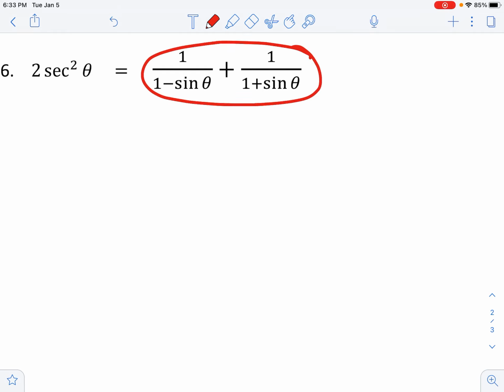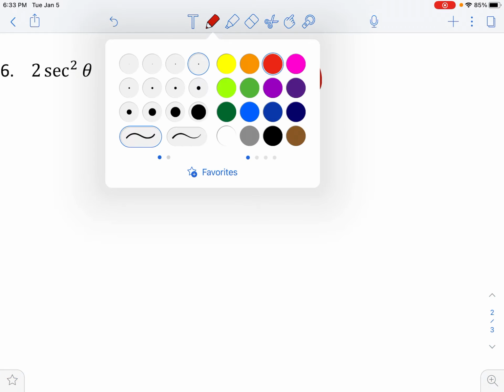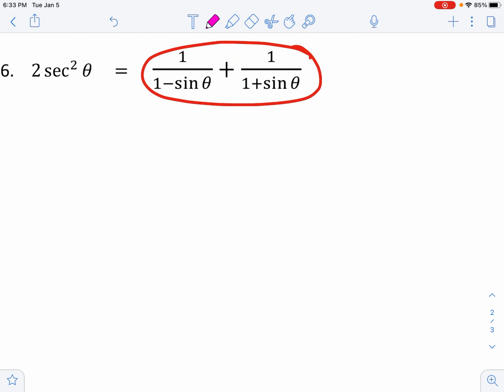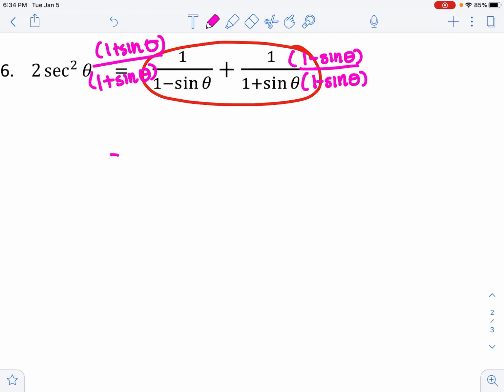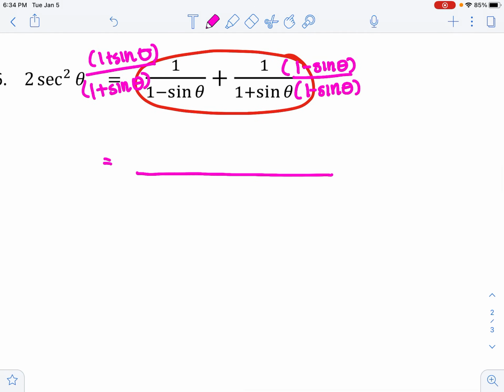All right, more complicated side is this right side. I'm going to get a common denominator. So that's 1 minus sine, 1 plus sine. So I'm going to do 1 minus sine over 1 minus sine. And then 1 plus sine over 1 plus sine. Okay, equal sign, new denominator.